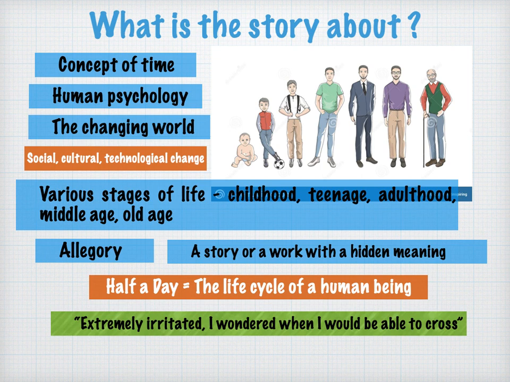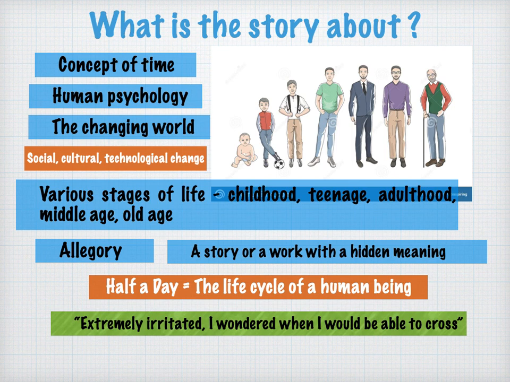So, in short, this short story can be considered as an allegory. Now, what is an allegory? An allegory is a story or a work with a hidden meaning. When you read the story, it looks like the child is going to school and spending the rest of his lifetime in the school.